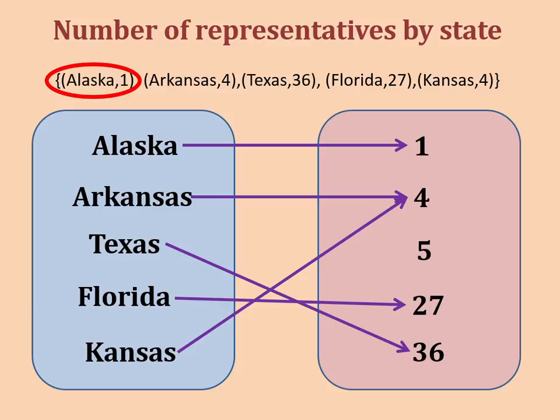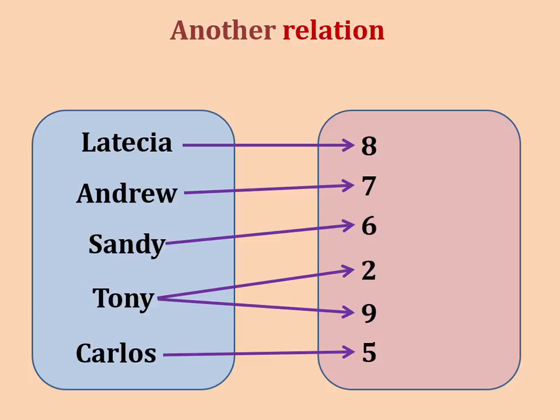And so this is the same concept, just illustrated differently. Here's another relationship. And do you see why this one is not a function? Well, Letitia has an 8, Andrew has a 7, Sandy has a 6, but Tony has 2 different numbers. You can't have 2 answers for one thing.